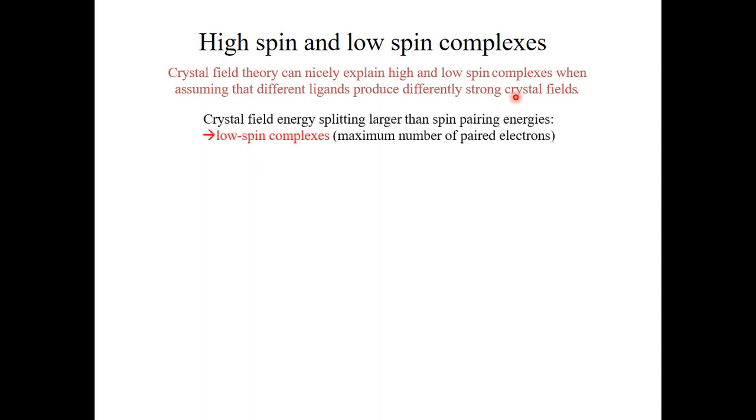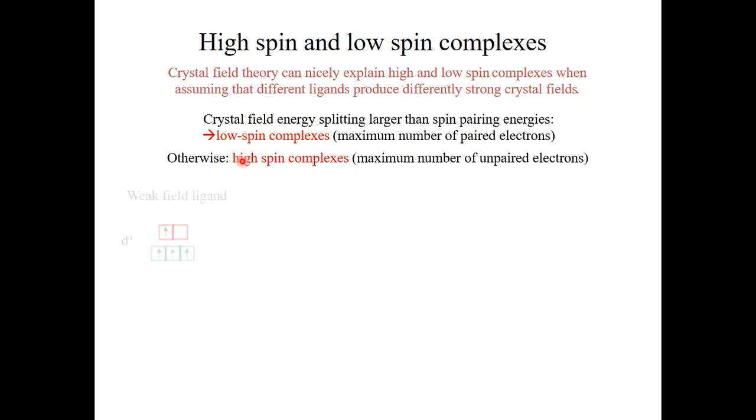So generally, when we have a large crystal field, then the spin pairing energy is overcome, and we pair the electrons. If that crystal field is not strong enough, we will remain to have high spin complexes.